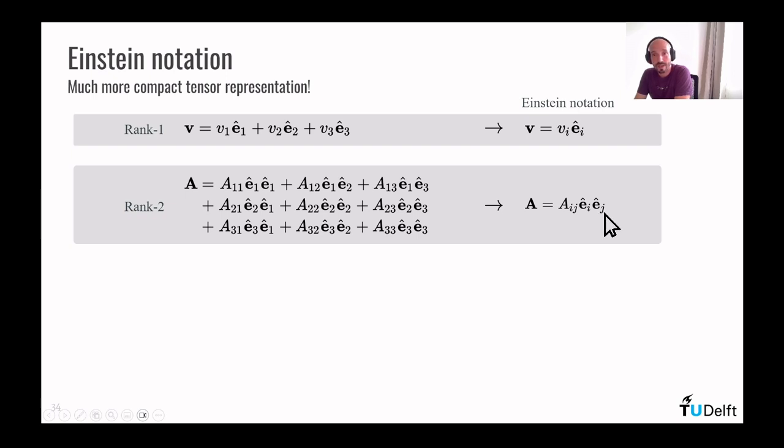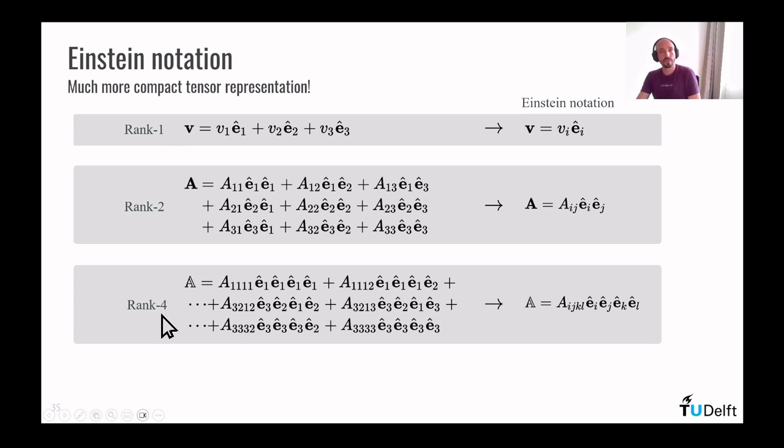So you see that i is a repeated index, j is also a repeated index. So this implies a summation over i from 1 to 3 and a summation over j from 1 to 3. So this big expression here can be represented by this simple notation.